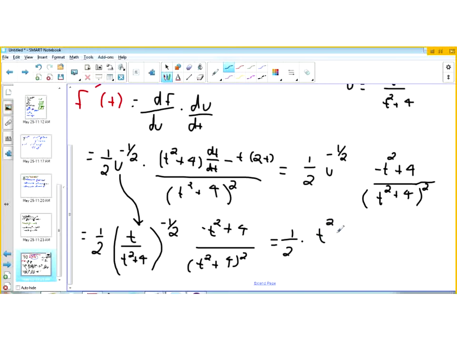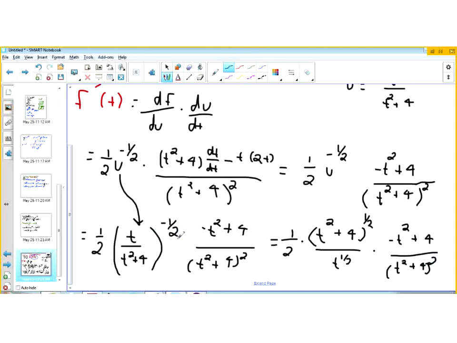Which is equal to 1/2 times t squared plus 4 to the 1/2 over t to the 1/2, times a negative t squared plus 4 over t squared plus 4 squared.